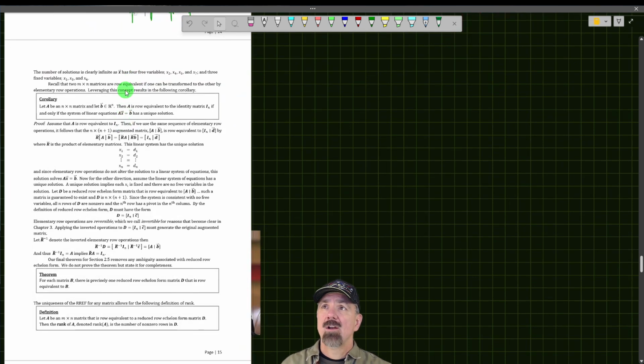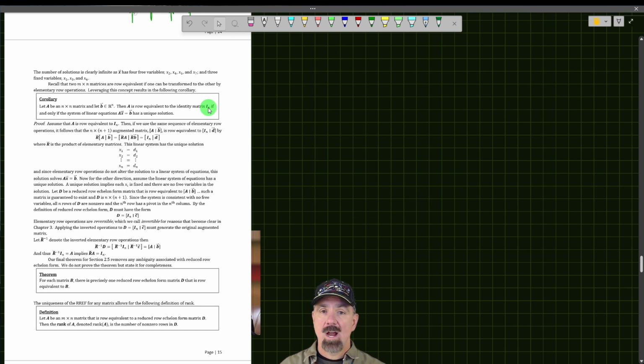Another important corollary here. This corollary, again, is something that we know, but it's important enough for us to repeat it. It says, if A is a square matrix, then if we get an identity for the RREF, we know that we have a unique solution.